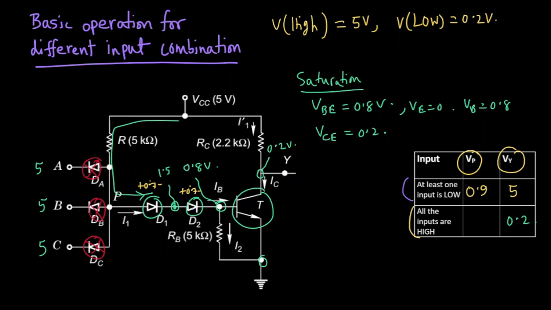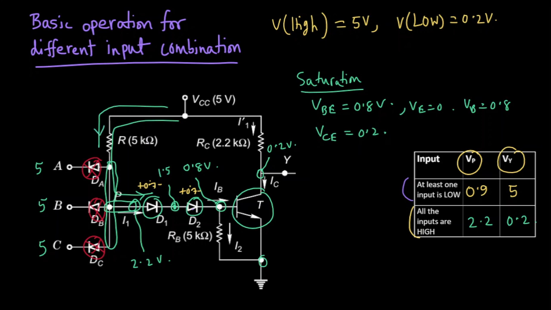So the voltage of this node, the P node, will be 0.7 volt higher than 1.5, that is 2.2 volt. So the node voltage of P will be 2.2 volt. And as we have calculated the node voltage of P, this whole node is the P node, we can actually calculate the value of this current.